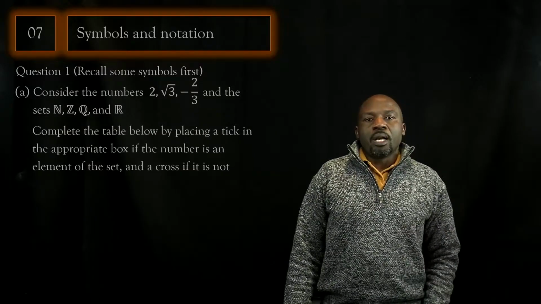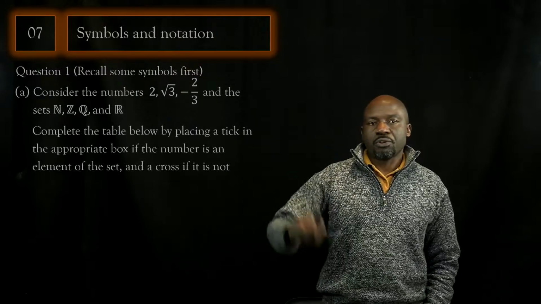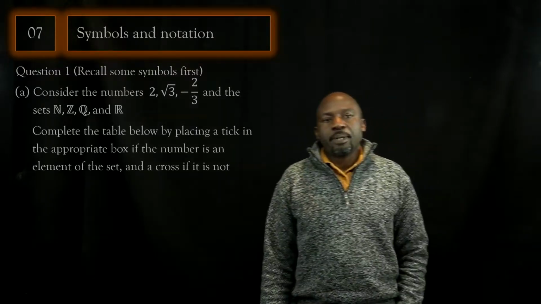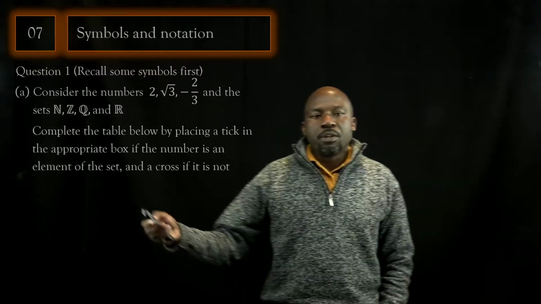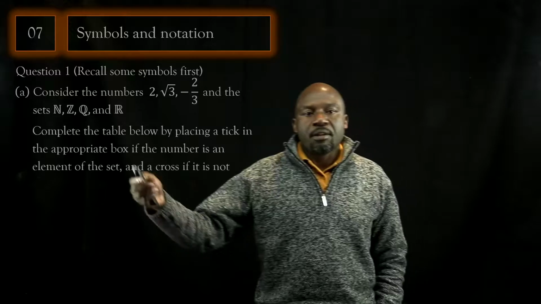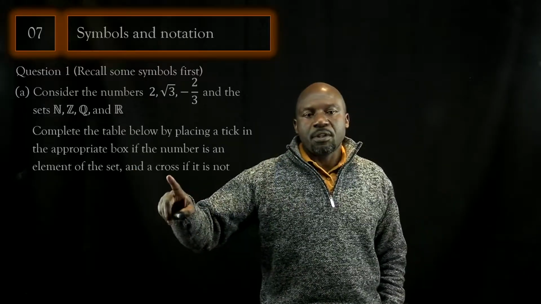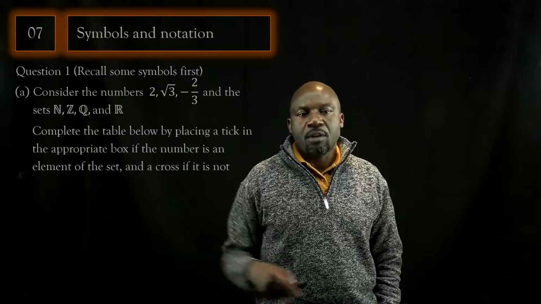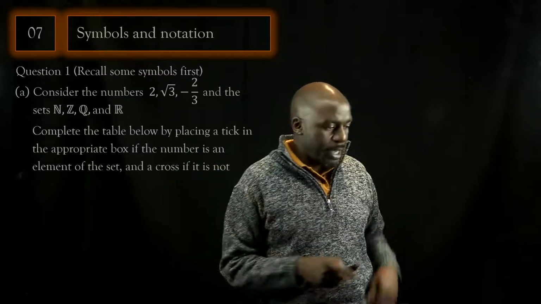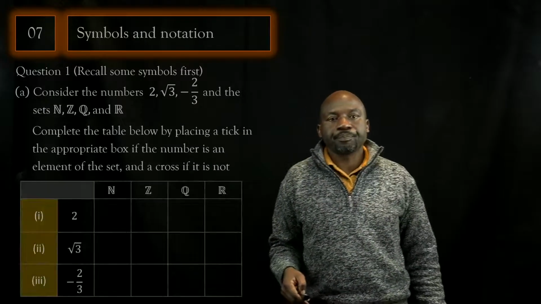Complete the table below by placing a tick in the appropriate box if the number is an element of the set, and a cross if it is not. This was also an IB question. If it's not an element, you put a cross. If it is an element, you put a tick.